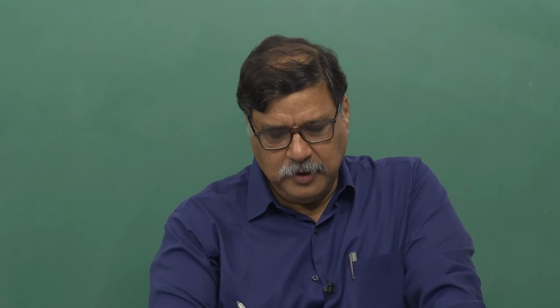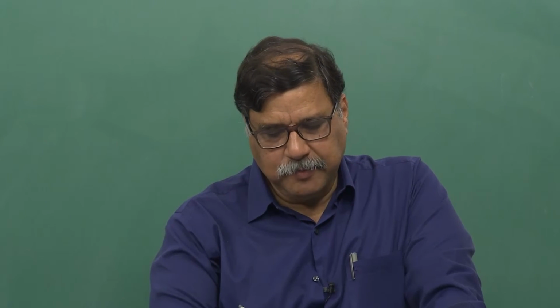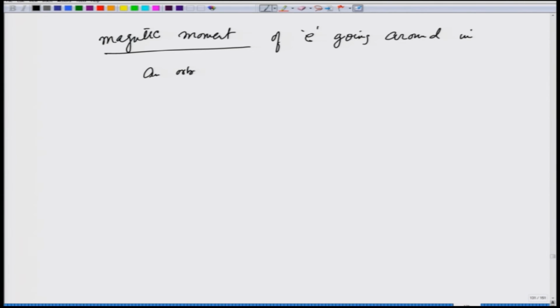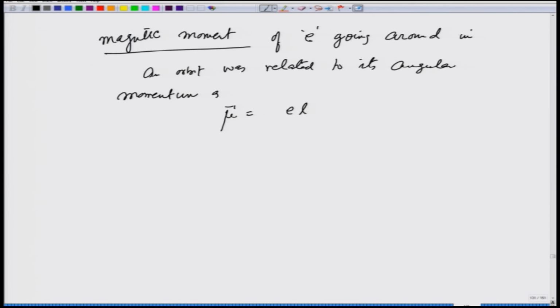I also point out that we saw earlier that the magnetic moment of an electron going around in an orbit was related to its angular momentum as mu equals eL over 2m.